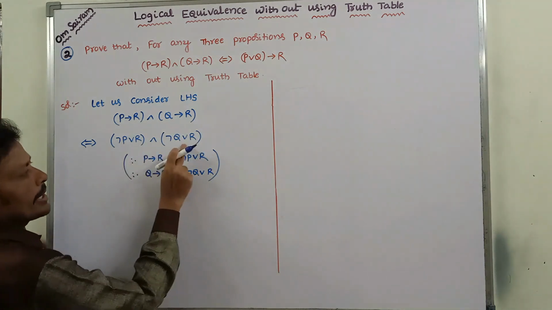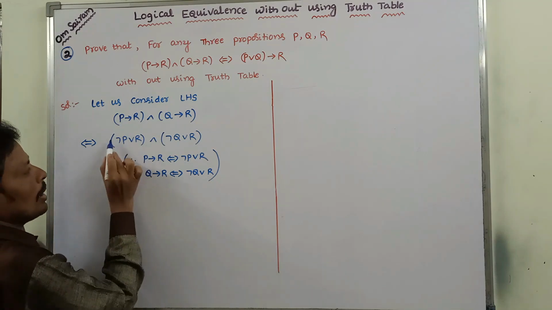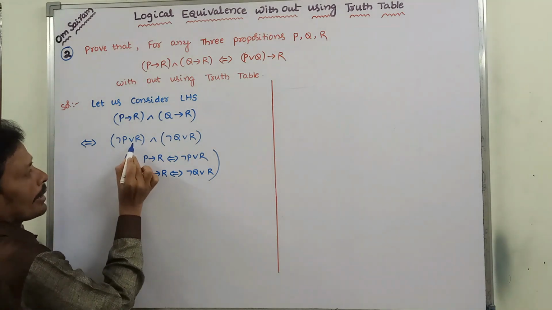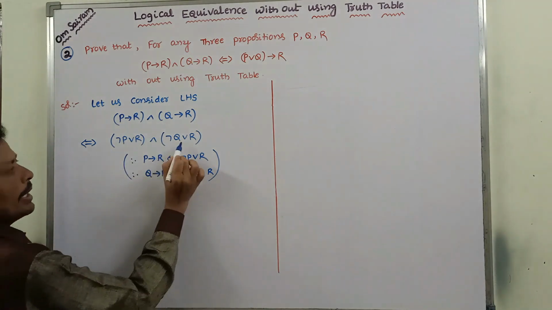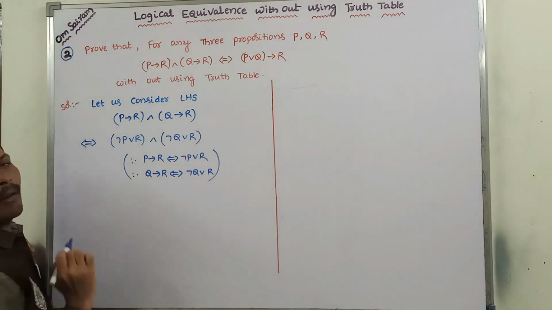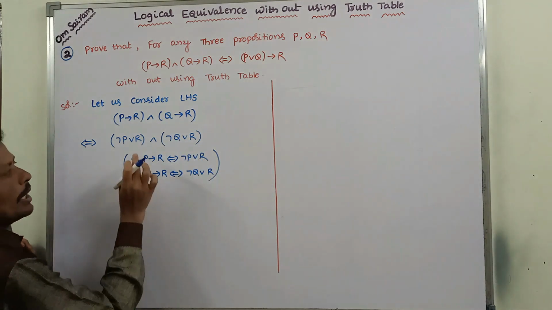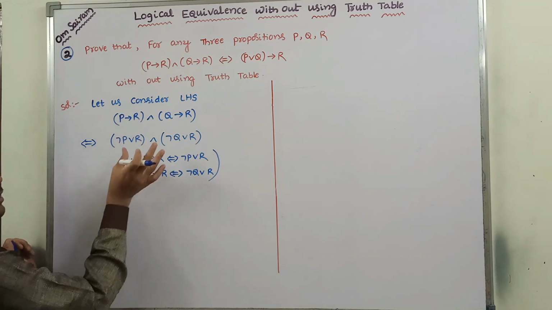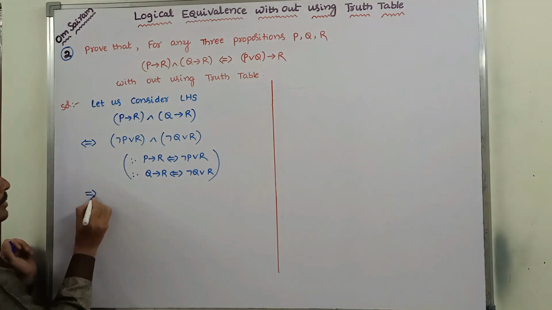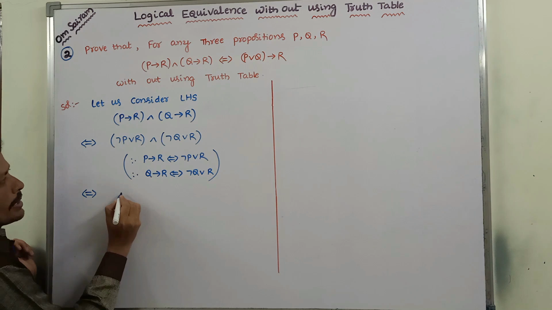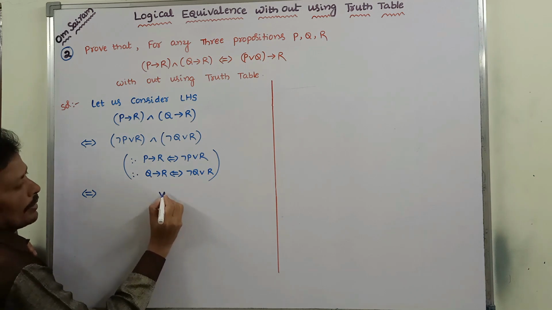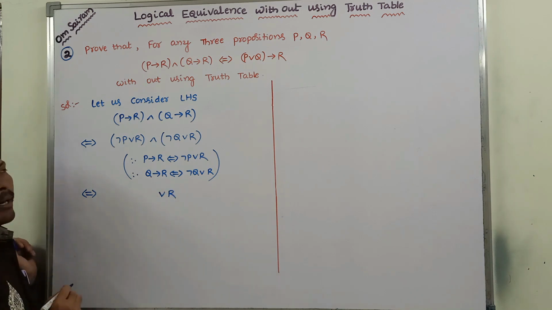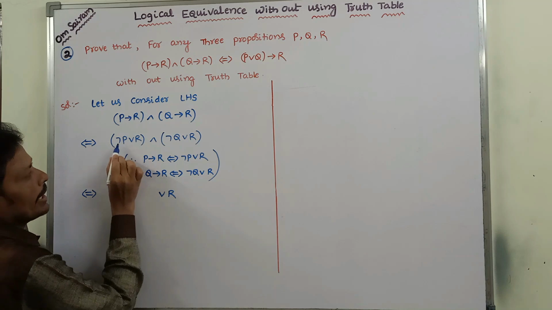By observing this formula, negation R is there, and here capital R is there. We have to separate the connective and capital R from these two formulas. After separating, what are we getting?